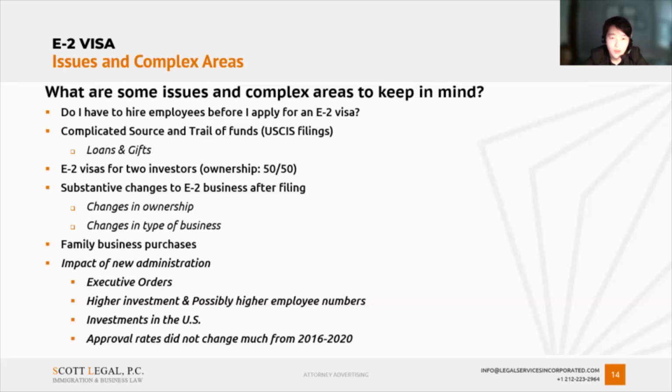So those types of executive orders can affect E2 visa adjudication patterns. This may result in emphasis on investments that take place in the U.S. and U.S. job creation can be what they're really looking for. So it informs the strategies that you can consider when you're preparing an E2 visa case.